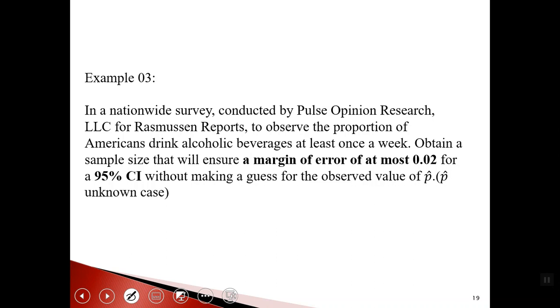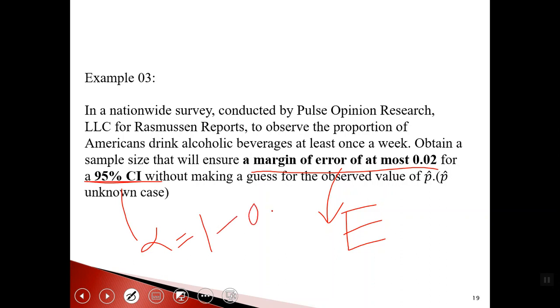In this problem they have given the margin of error, capital E, 0.02, and they have given the confidence level. You can find alpha using 1 minus 0.95. Making a guess for the observed value of p hat: they haven't mentioned it.